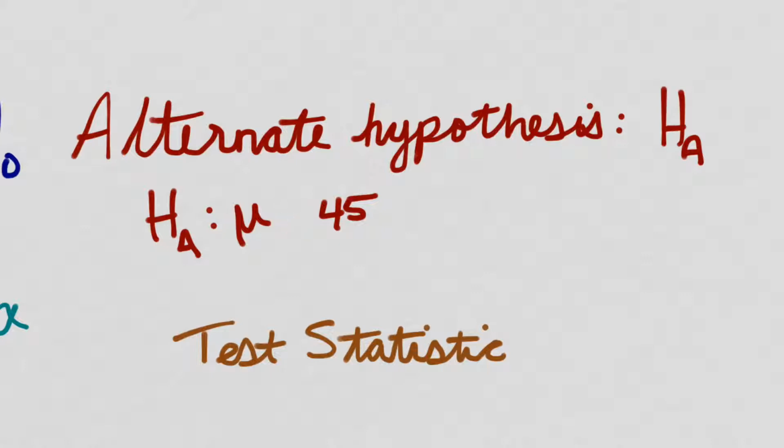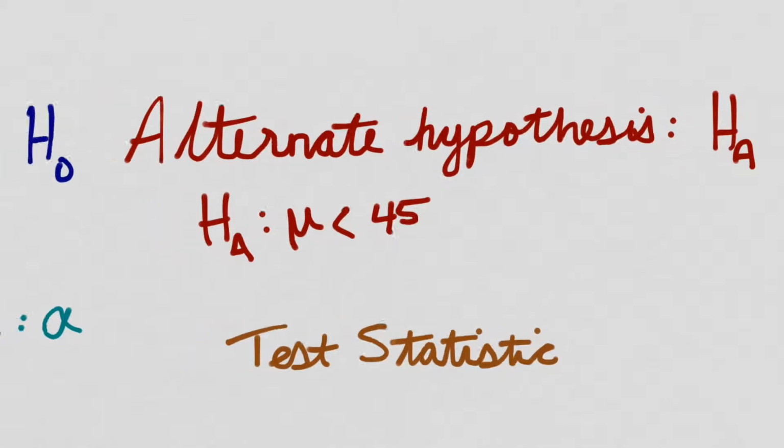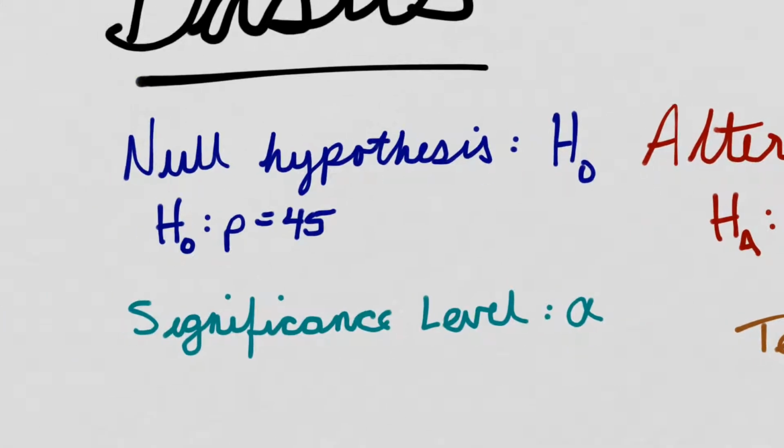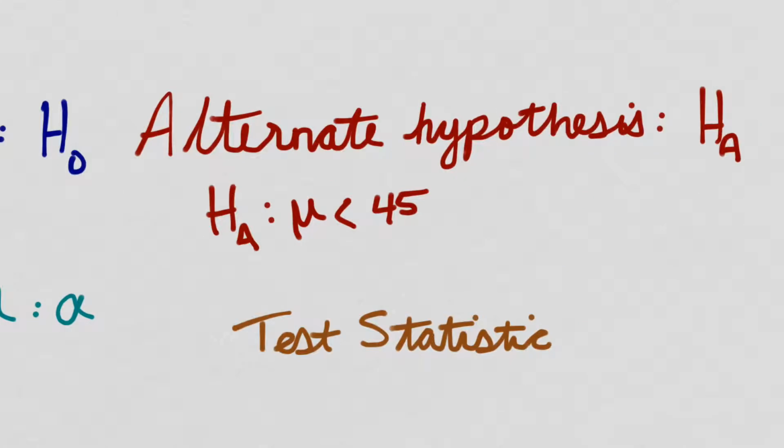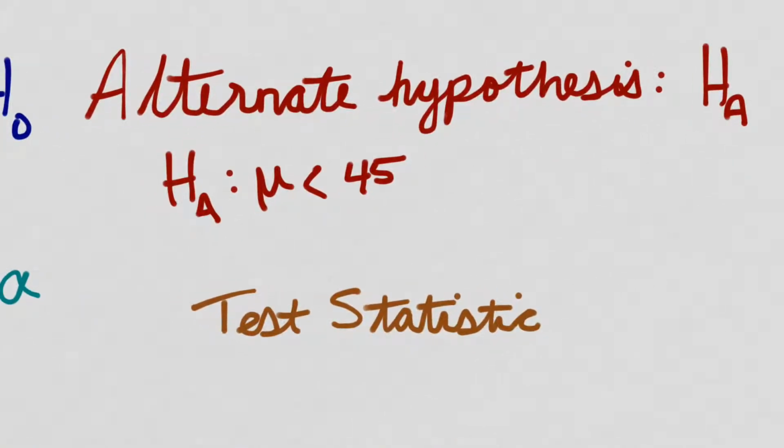We may also say that our population mean is less than 45. Basically, we are taking our null hypothesis, that the population mean was equal to 45, and now we're saying our population mean is not 45. So it can be less than, greater than, or not equal to.